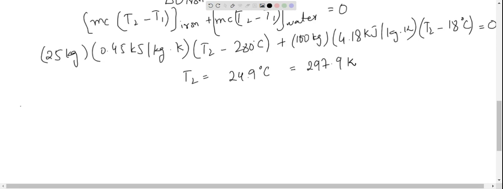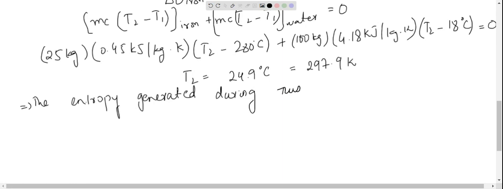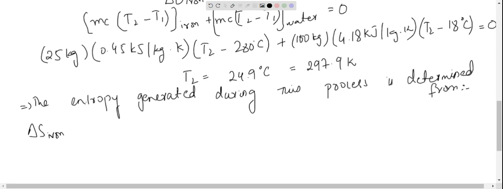Now the entropy generated during this process is determined from this: first of all, the entropy change of the iron equals mc average ln of T2 over T1, and likewise for the entropy of the water.